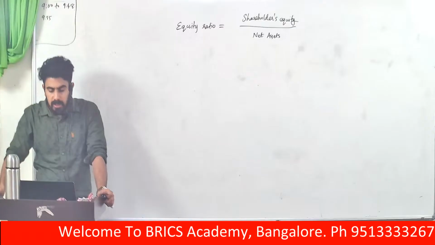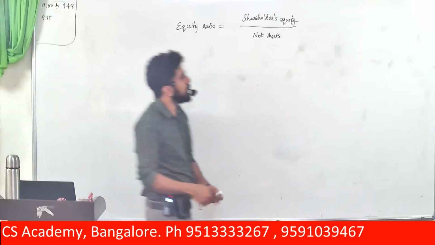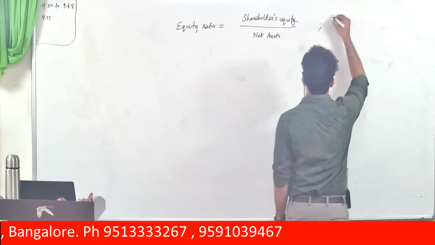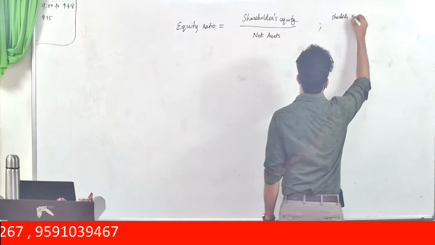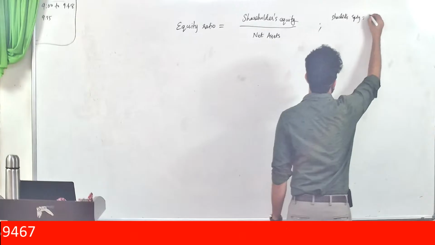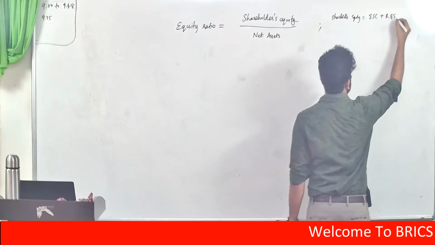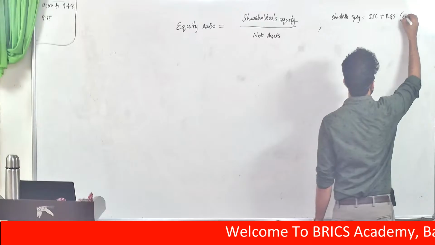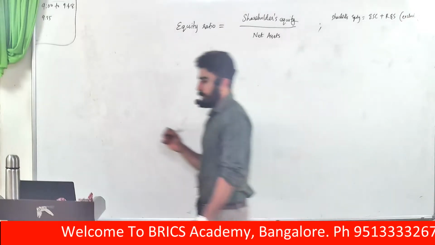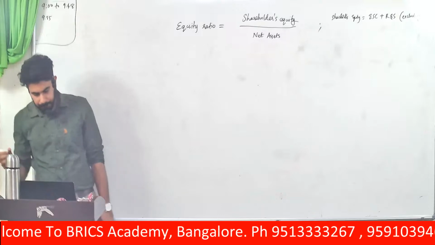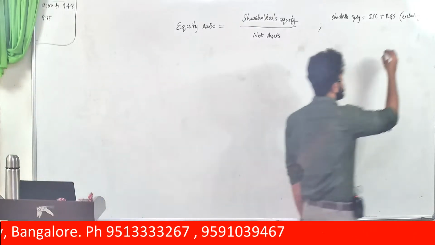We'll write that. First one, where shareholders equity is equal to equity share capital plus reserves and surplus excluding fictitious assets.